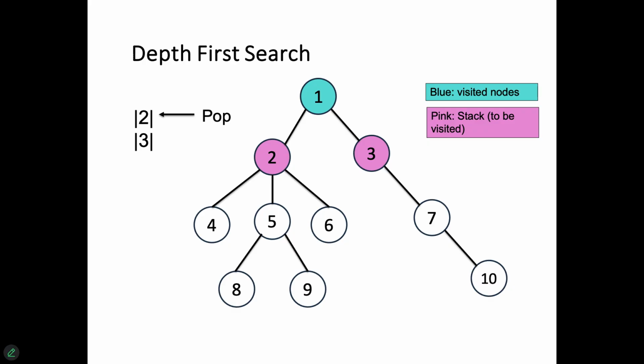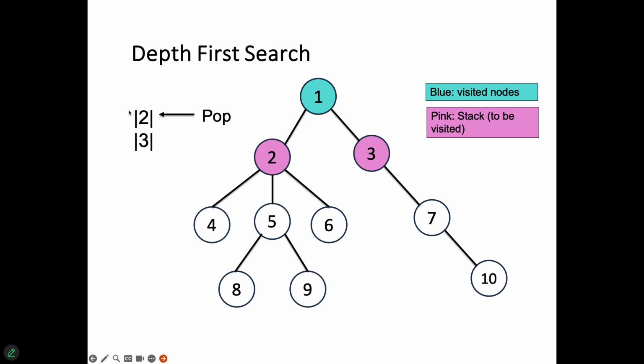In that way, 3 is on top of your stack. So 3 is added latest, so 3 is going to be popped first. Or what I did here was that I started from right. So I added 3 to the stack first, and then I added 2 to the stack. So 2 is on top of my stack. So 2 is added latest. So this is last in. So it is going to be out first.